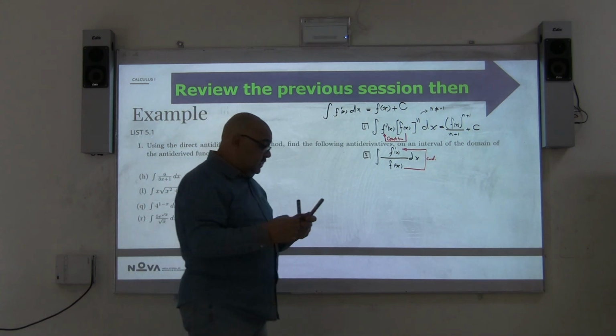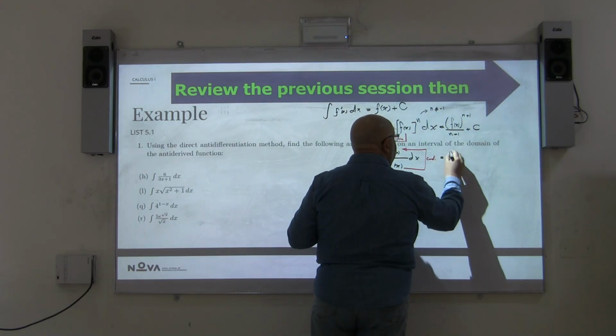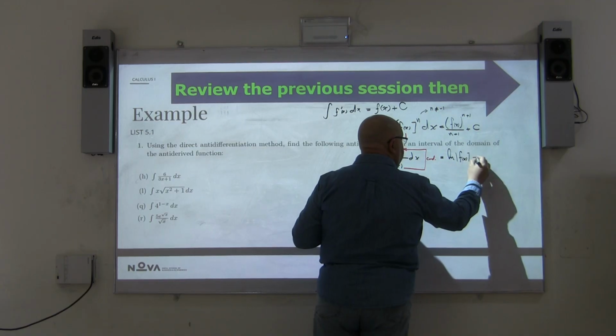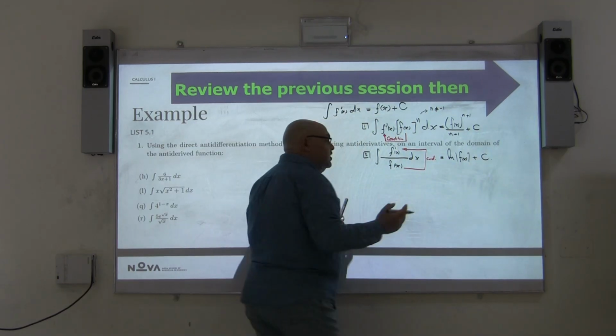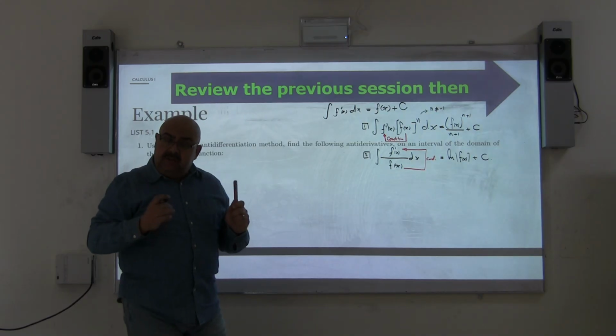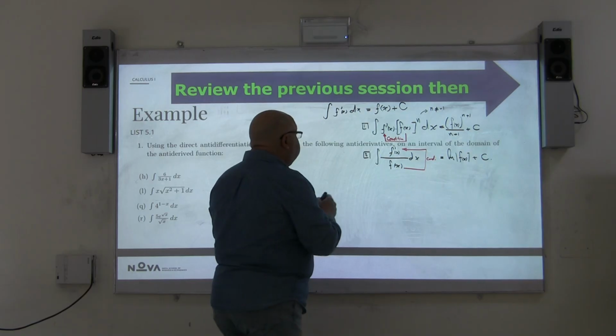If this exists, then the result is really very simple. It's going to be ln of the absolute value of f of x, plus a constant. So once the condition exists, the result will be ln f of x plus c.